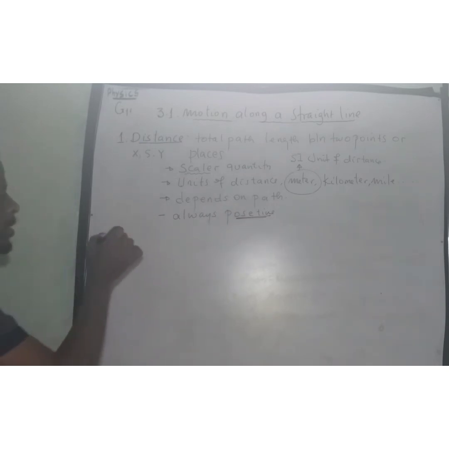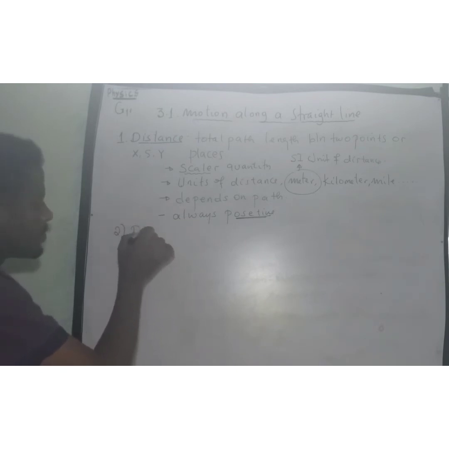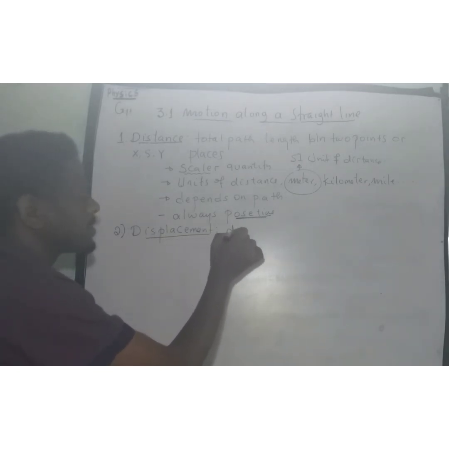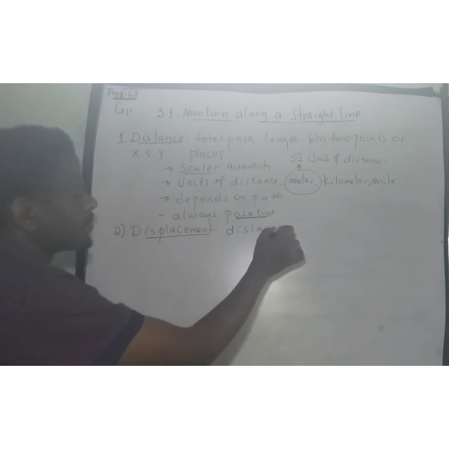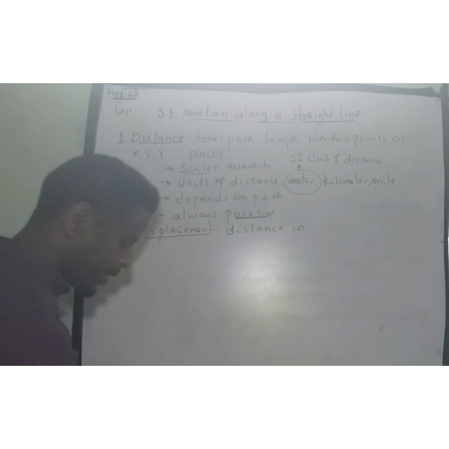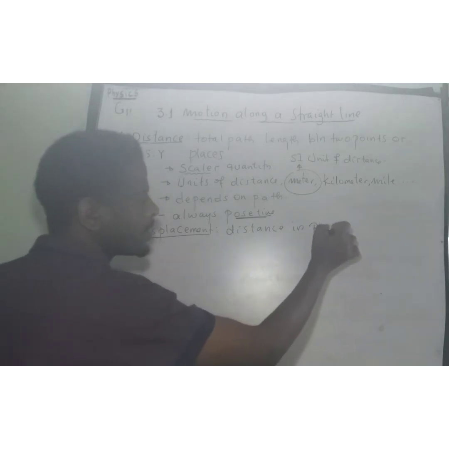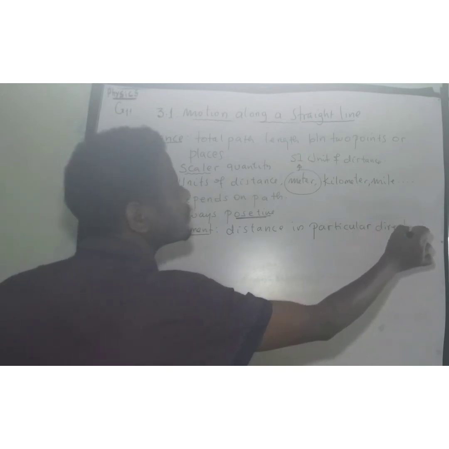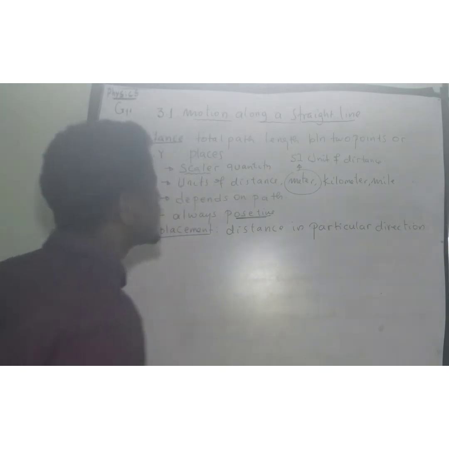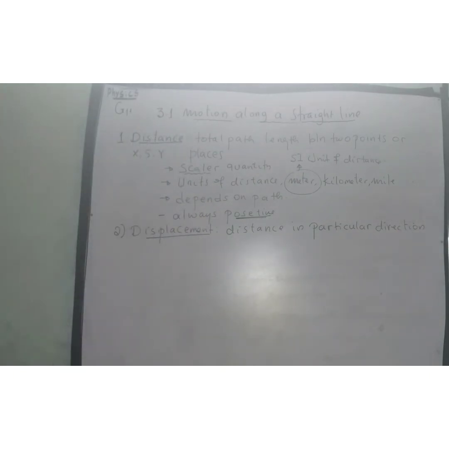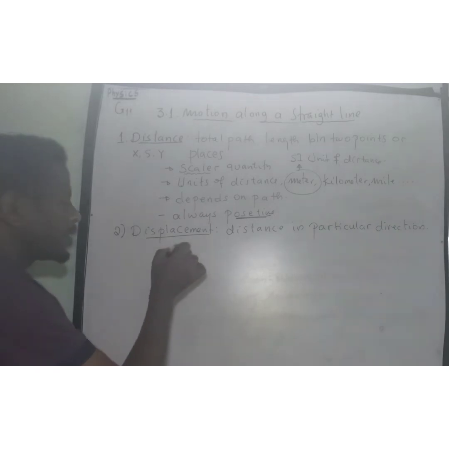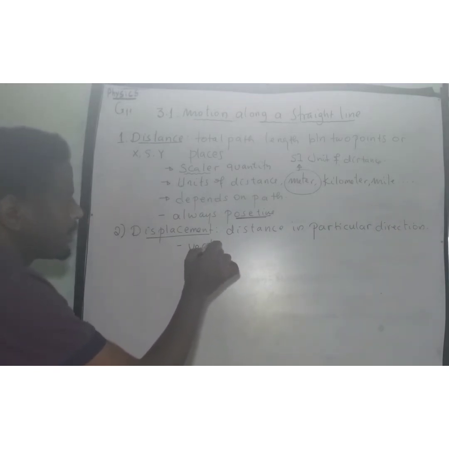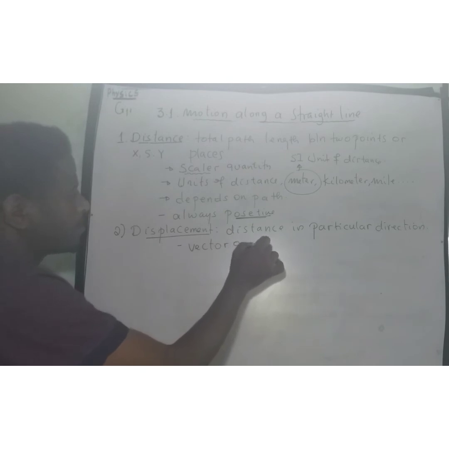The second one is displacement. Displacement is distance in a particular or specified direction. It is a vector quantity.